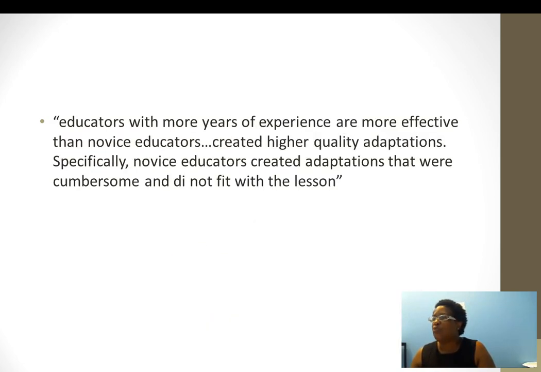So educators with more years of experience are more effective than novice educators. The more experienced teachers created higher quality adaptations. Specifically, novice educators created adaptations that were cumbersome and did not fit the lesson. Very interesting when I read this.